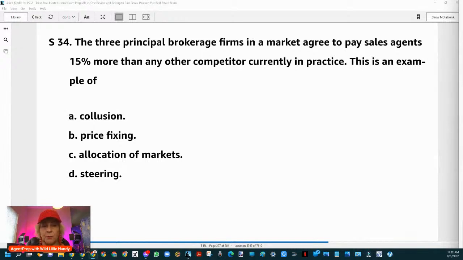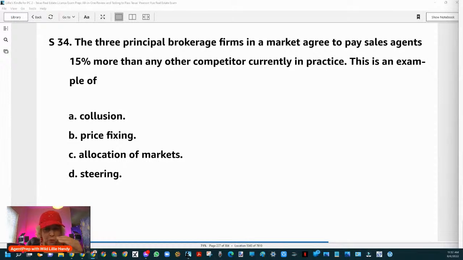34 is actually an example of collusion. And what is collusion? Collusion is the illegal practice of two or more businesses joining forces or making joint decisions which have the effect of putting another business at a competitive disadvantage. They're not fixing a price, okay?